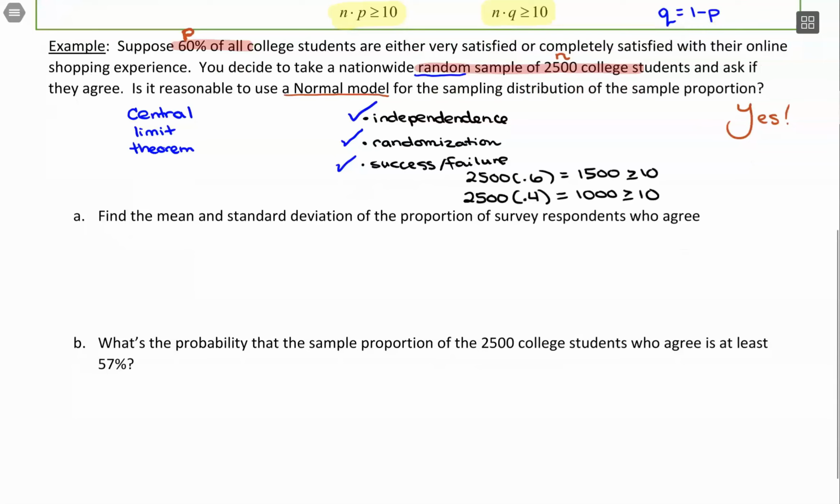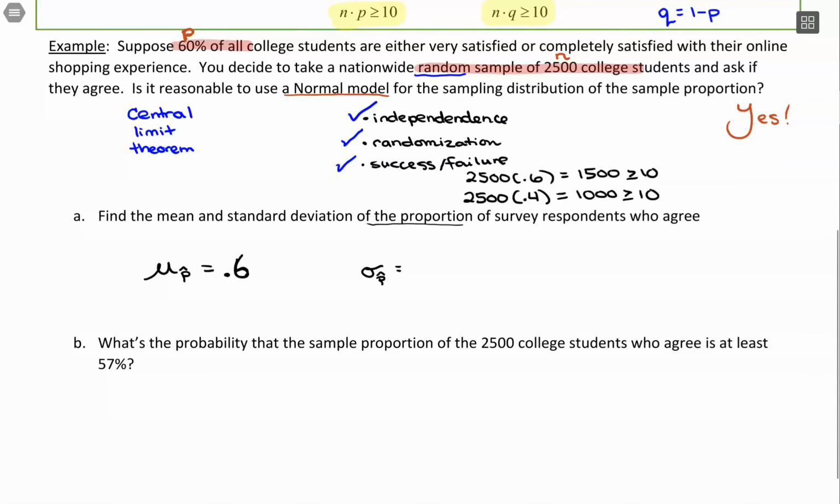So that notation comes through: mean of the proportion, standard deviation of the proportion. So mean of the proportion, there's no work to do here. All you have to do is copy down that population proportion, which was that 60%. And then we'll want to use the decimal form here in the calculations, so that'll be 0.6. With the mean of this distribution, I always just think easy peasy, you're just copying.